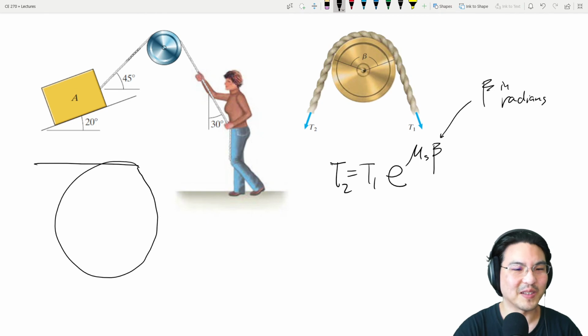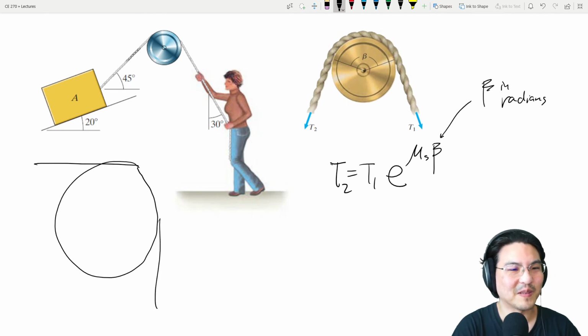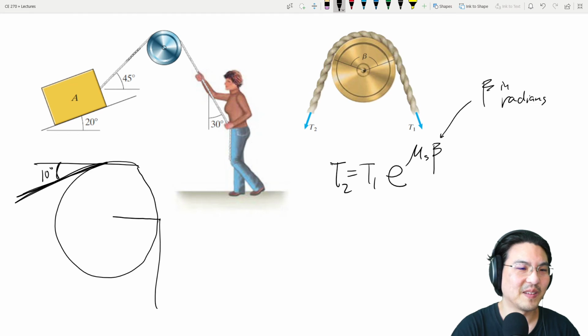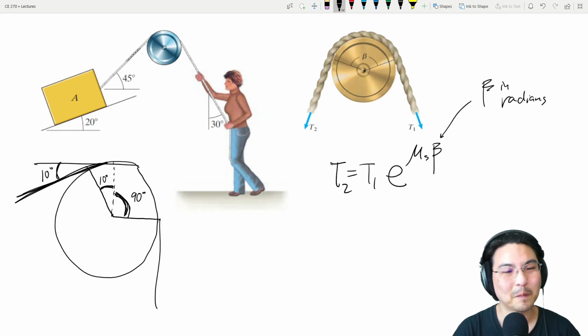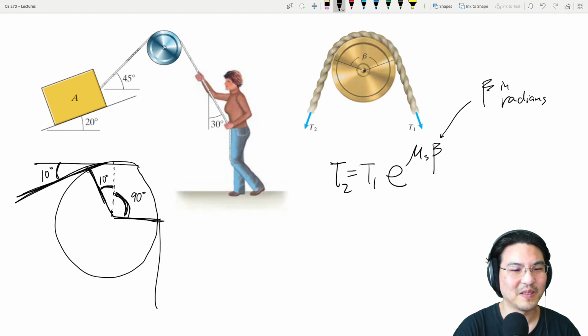Instead of just horizontal and vertical, what if it's a little bit this way? So let's say this is 10 degrees. Before, this was 90 degrees, but now we have this little bit of extra over here, 10 degrees over here, 90 degrees over here. So now this angle here would be 100 degrees, and then convert that to radians.